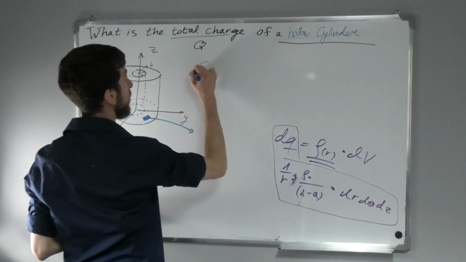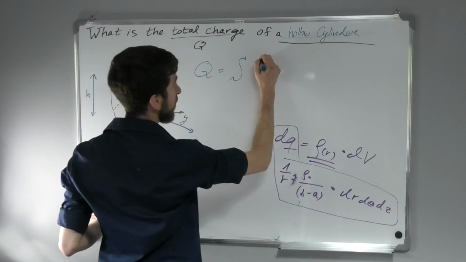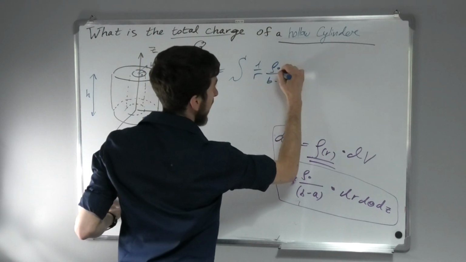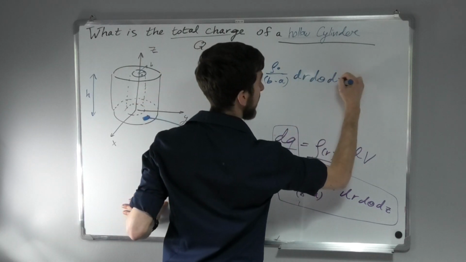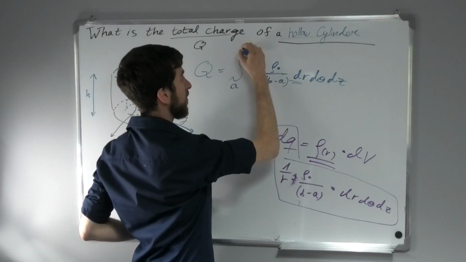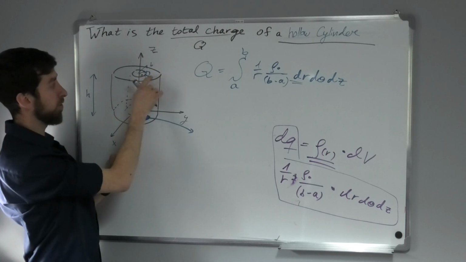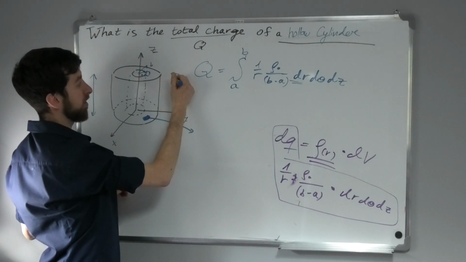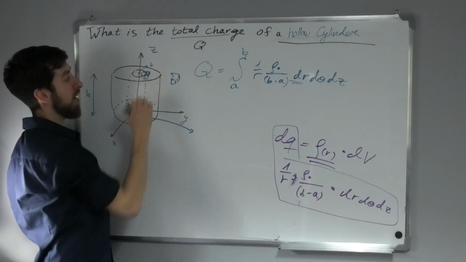So we're gonna use Q equal to the integral of this thing, which is 1 over r rho naught b minus a, good, and the r, the theta, dz. And r is running from a to b, right? See it? I don't gonna count bricks that are in the hollow, I don't care about, or outside this cylinder, I don't care about them. I only want the one that inside the cylinder.